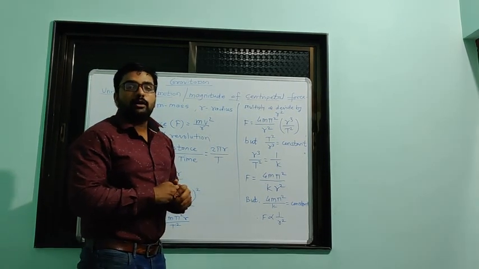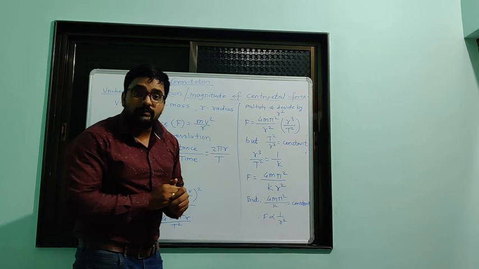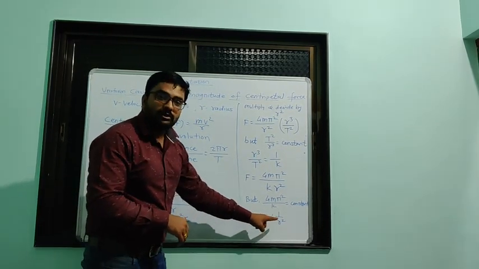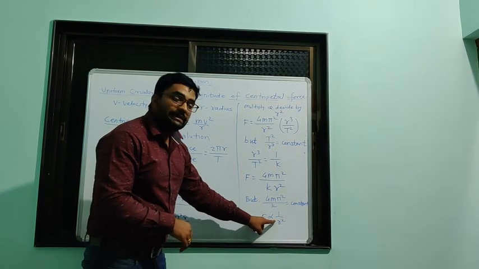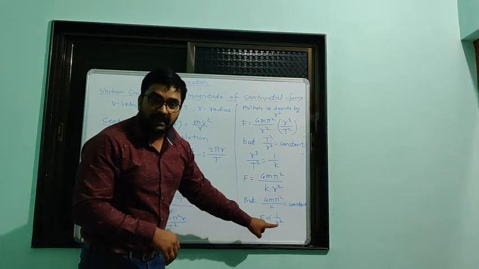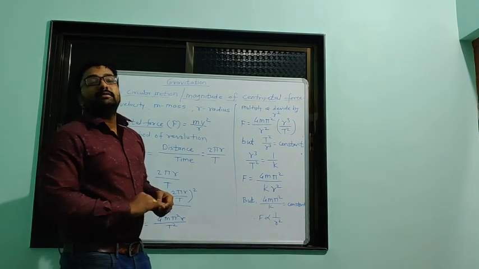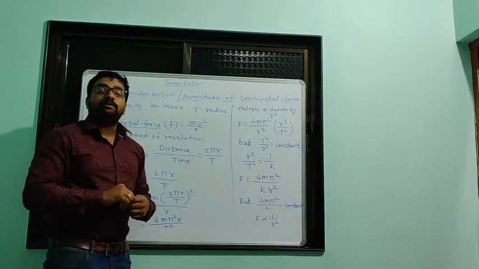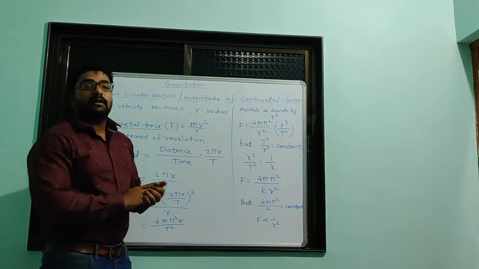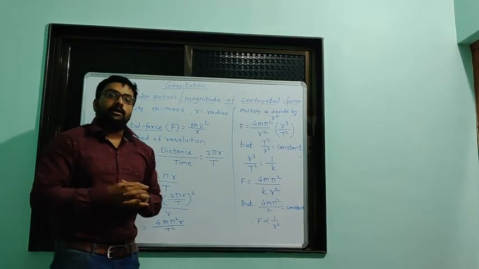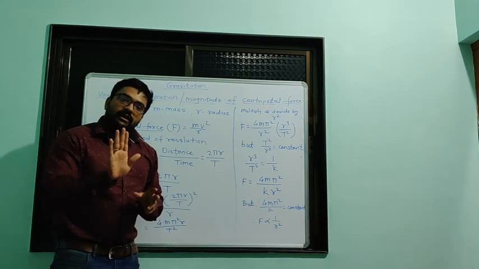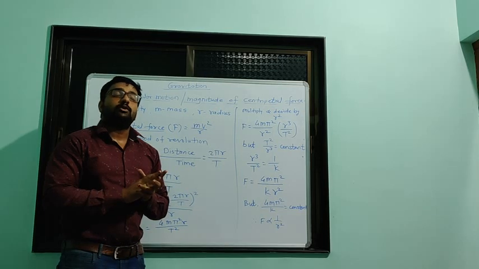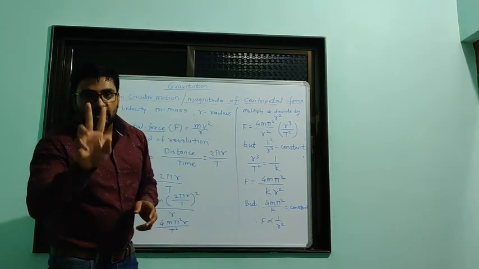So from that Newton concluded that the force which is helpful for circular motion, that is the centripetal force, is inversely proportional to the square of the distance between planet and sun, and that force is nothing but the gravitational force. So in Newton's gravitational law, Newton concludes that the force of attraction between any two massive bodies in the universe is inversely proportional to the square of the distance between them.